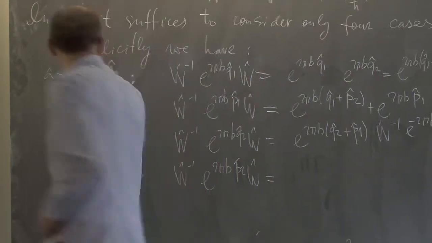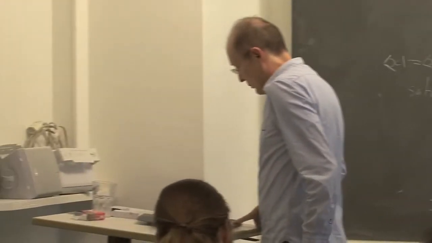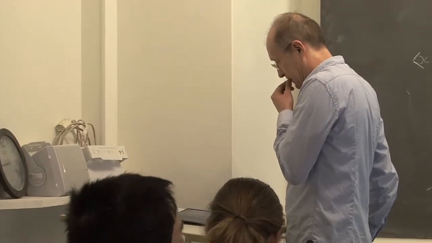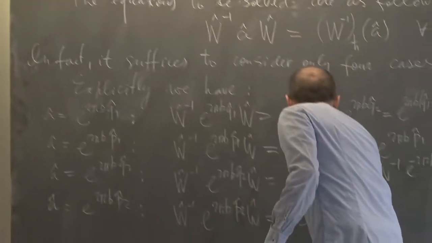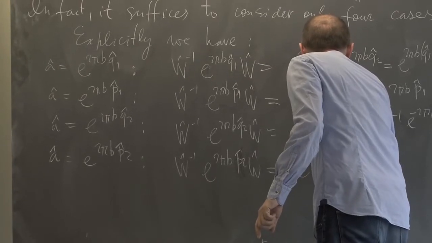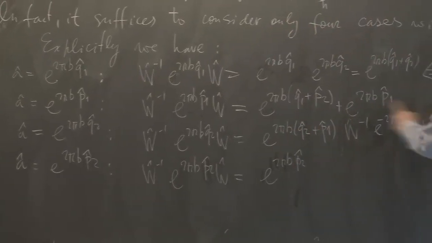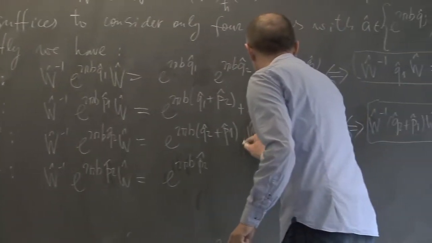And on the right-hand side, we have to put x2 in the second component, P2, E2 pi b P2 hat. And the same thing, right? So I put that guy.